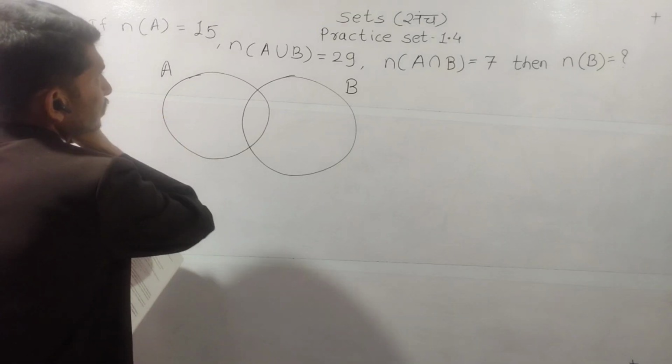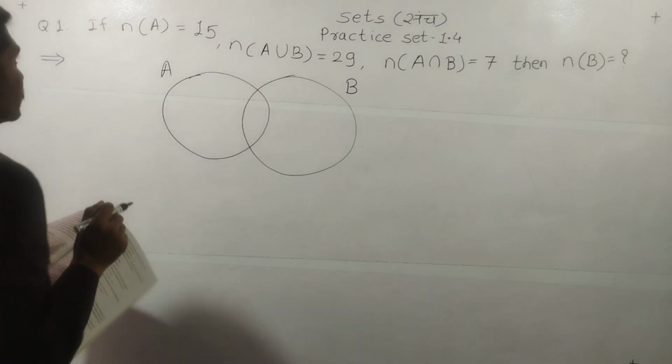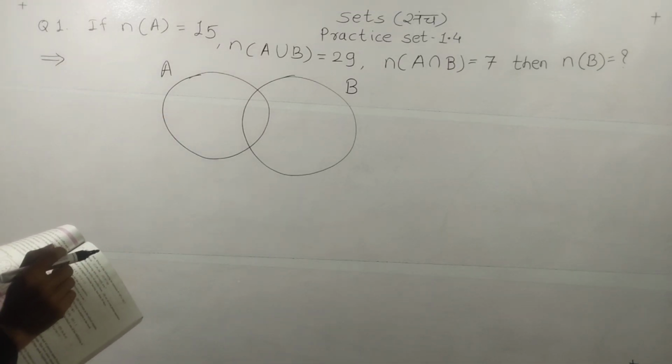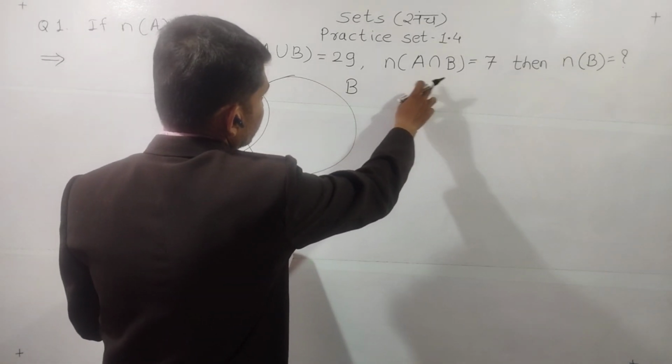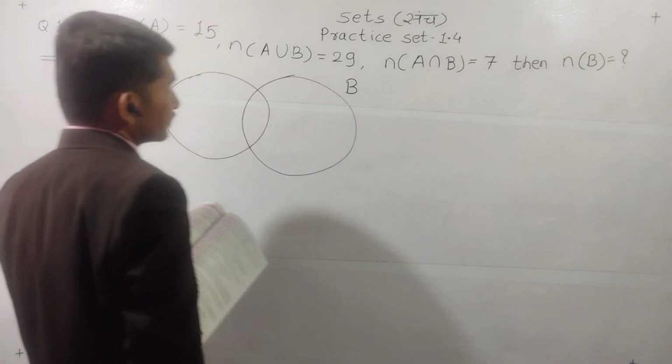Suppose set A contains 15 elements and A intersection B contains 7 elements.